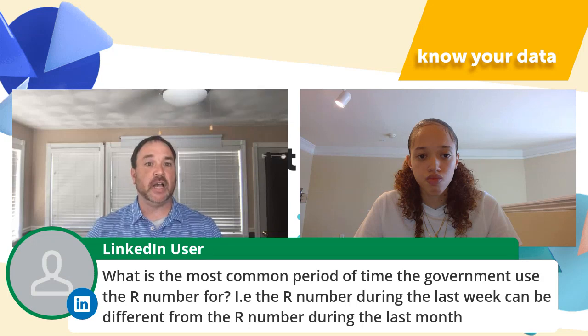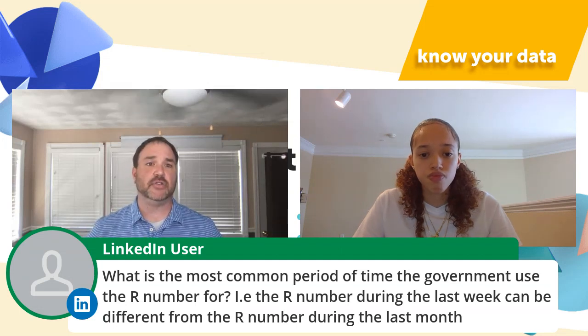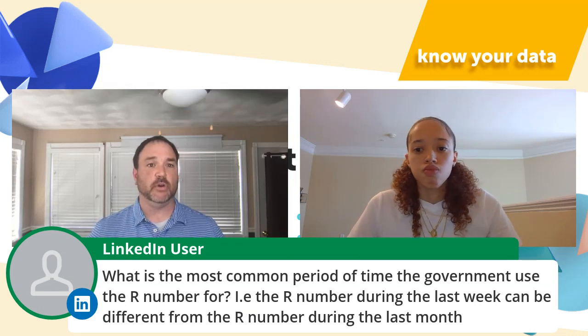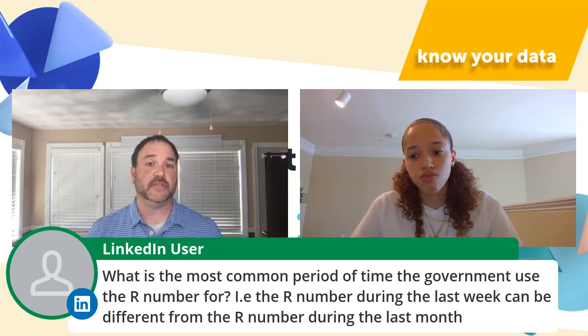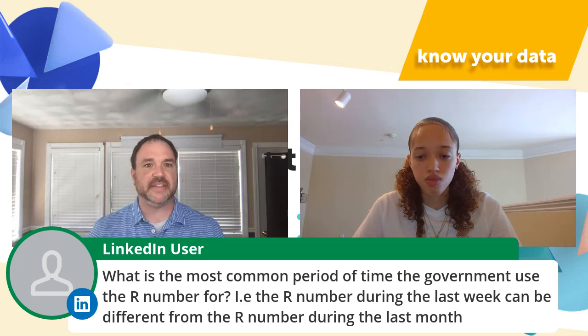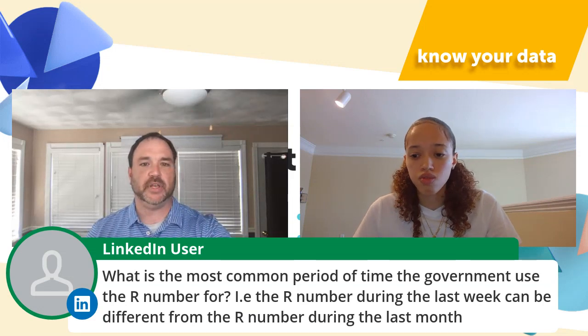As we see it going up, like we're seeing in certain states in America and certain countries, then that's an indication for the government that we got to maybe take a step back and introduce other interventions. So it's being used to affect how we're going to apply interventions for the disease. And I'm not making statements on policy again, but that is how we're seeing it applied in different countries and states to use as that point in time. It is not a number that exists forever. It changes based off of the interventions that we apply.